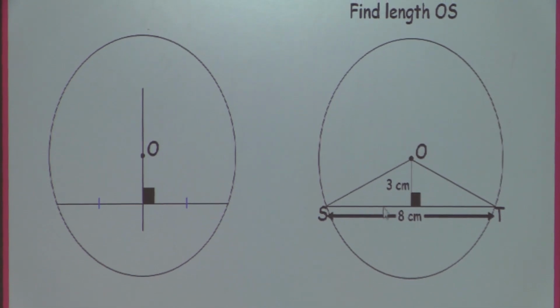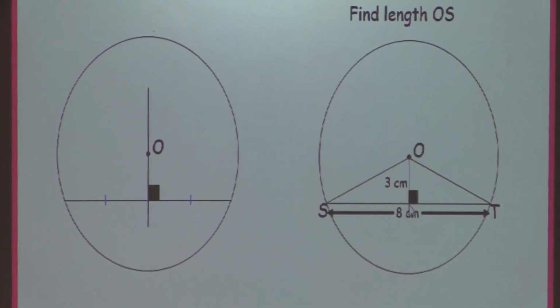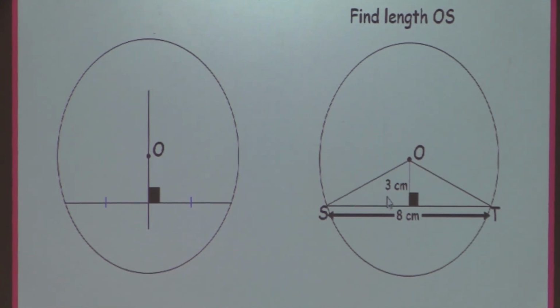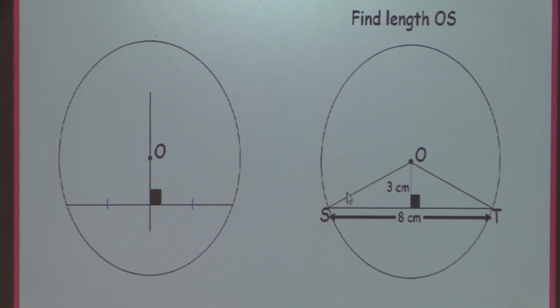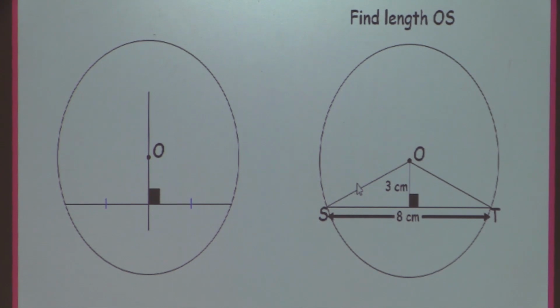So if it is 8, this line from there to here is 4 centimeters, and this one from there to there is 3 centimeters. I'm looking for that one. Now, what type of triangle is this one? It is a right angle triangle. How do we go about finding OS? You use your grade 8, grade 9 theorem, Pythagoras theorem, that OS squared is equal to this side squared plus that side squared.